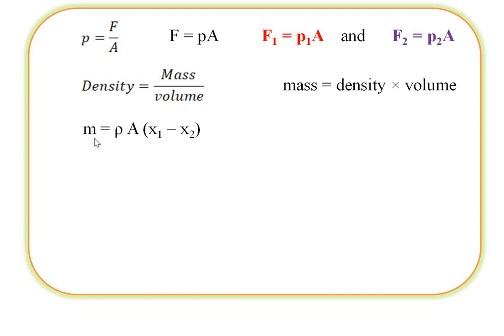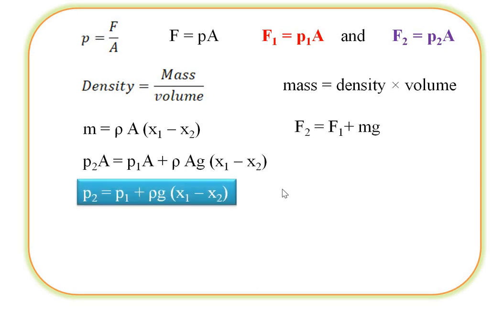So the formula becomes m is equal to rho into capital A into x1 minus x2. In the previous slide we have the equation F2 is equal to F1 plus mg. So putting these values of F1, F2 and m in this equation, we get P2 into capital A is equal to P1A plus rho A into g into the bracket x1 minus x2.